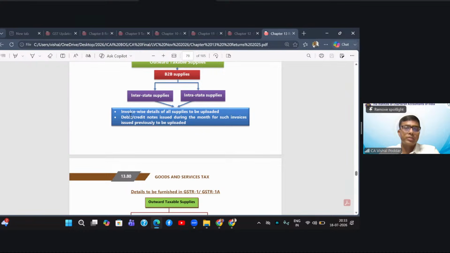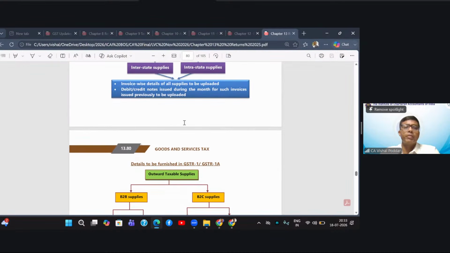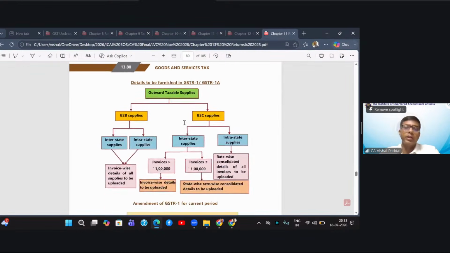Every invoice, you give the recipient details, the supply details, the tax details. So invoice wise details have to be uploaded whenever there are B2B supplies. Similarly, debit notes and credit notes issued during the month for invoices which were also previously issued have to be given.